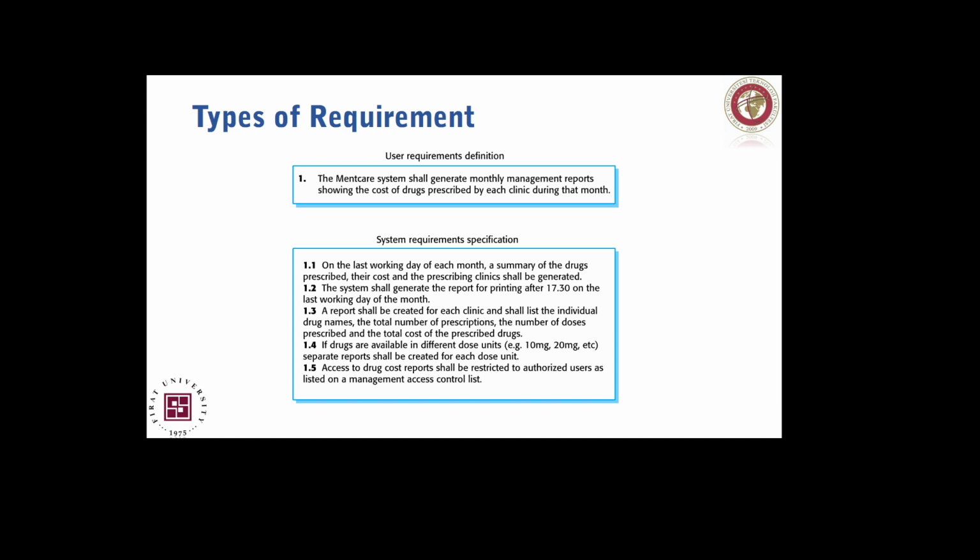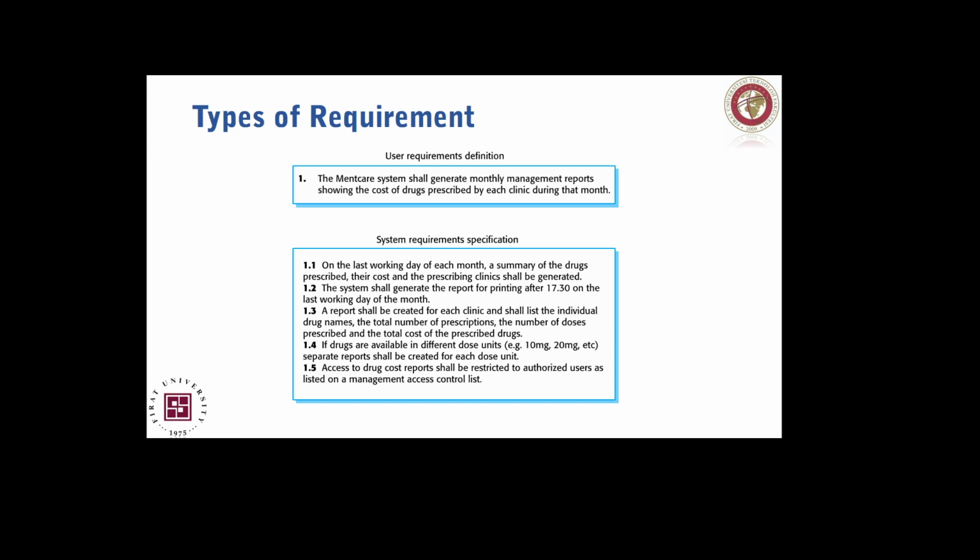The Mentcare system shall generate monthly management reports showing the cost of drugs prescribed by each clinic during the month. Well, so this is a clear definition for what the user is expecting. We need to have some reports about the cost of the drug prescribed by each clinic. We may have different clinics under the same software for the same management.